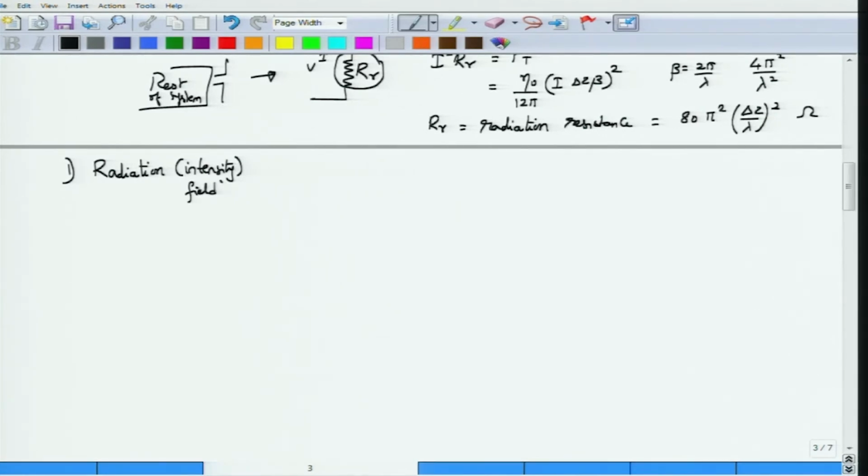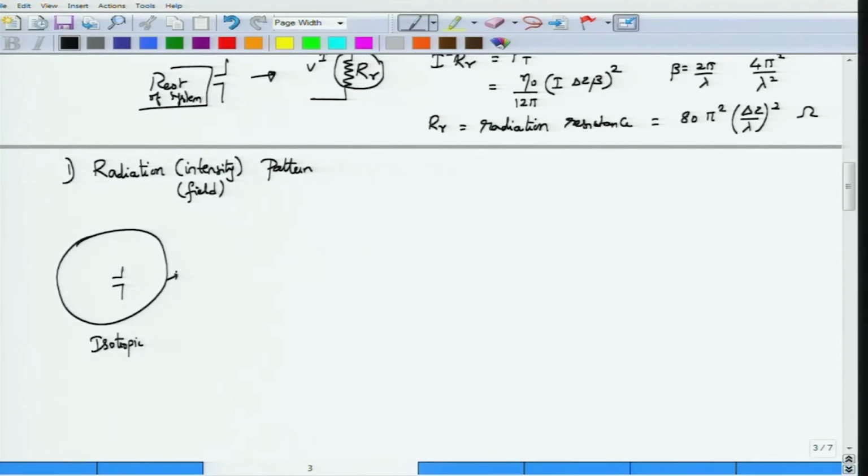Sometimes we are interested also in the radiation field, that is in the form of electric field or magnetic field, but intensity or power per unit area is what we are mostly interested in. So, radiation intensity pattern is something that is very interesting for us, because it will serve to differentiate different types of antenna. Maybe you have an antenna which will radiate power equally in all directions. Such an antenna is called an isotropic antenna.